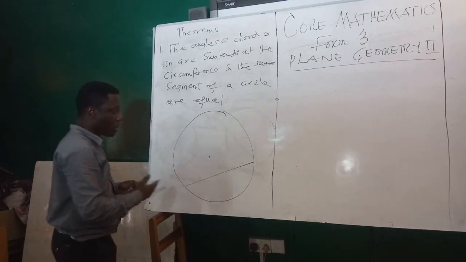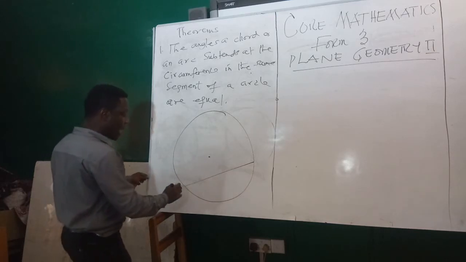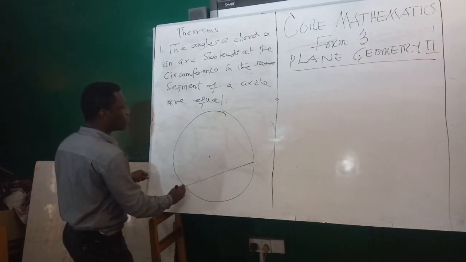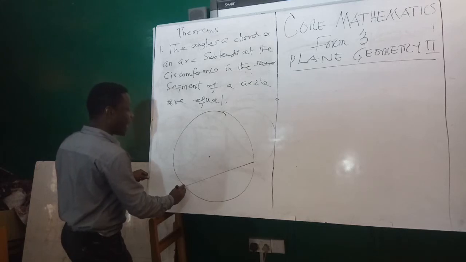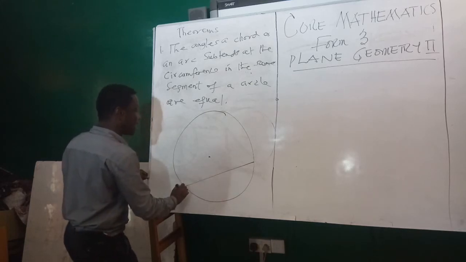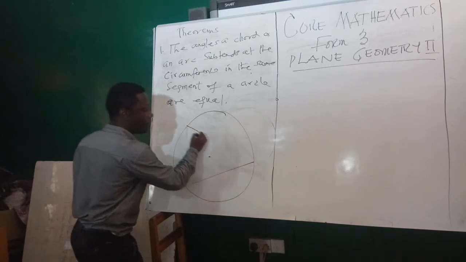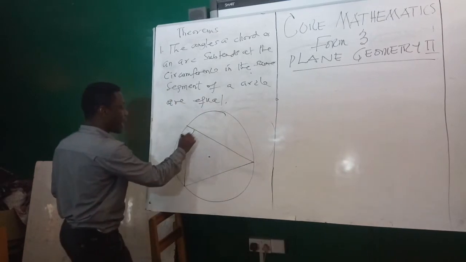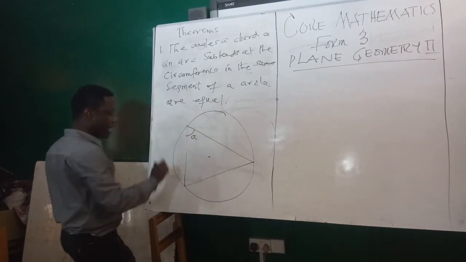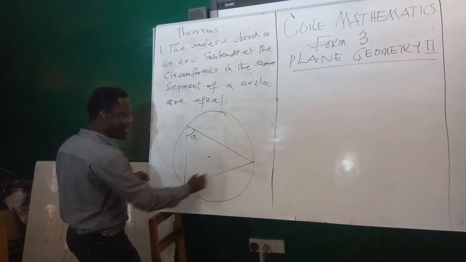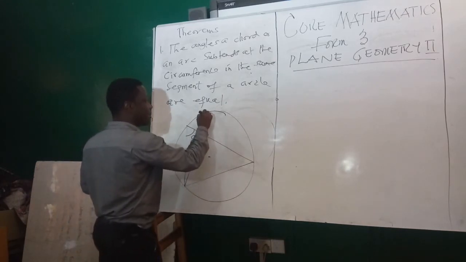So I'm saying that the end of this chord subtends an angle here, forming an angle here. Let me call it A. And then the same ends of the chord subtend another angle.